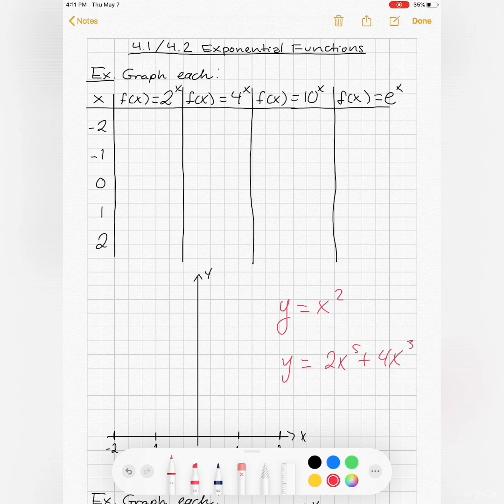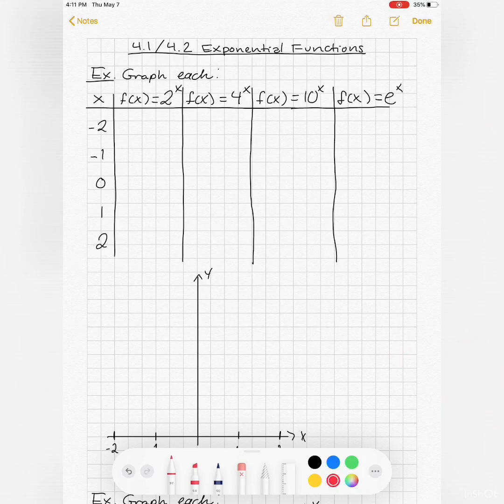But these are actually not exponential functions. So what is it about a function that makes it an exponential function? Actually, you notice that these guys, they all have the variable in the exponent. So that's what makes an exponential function.